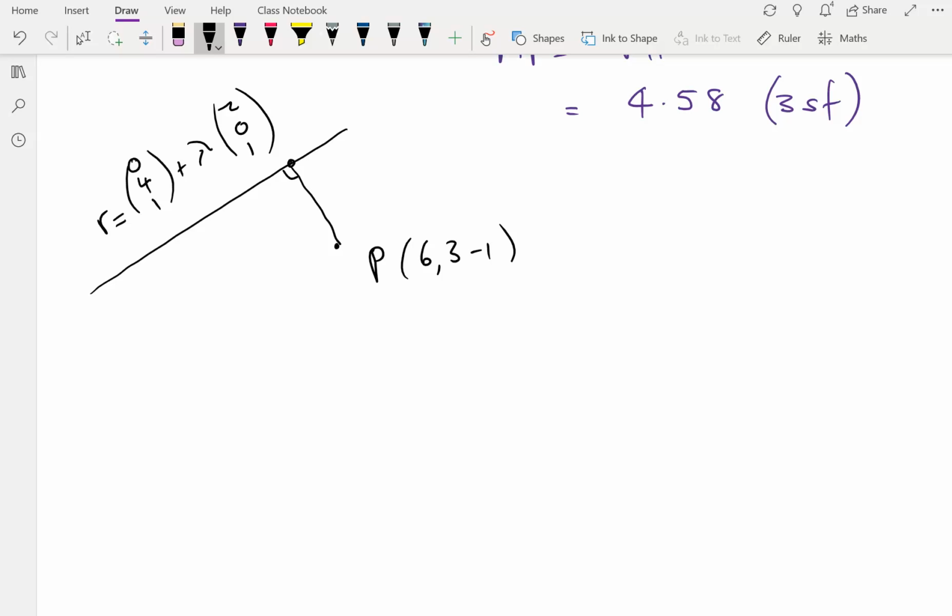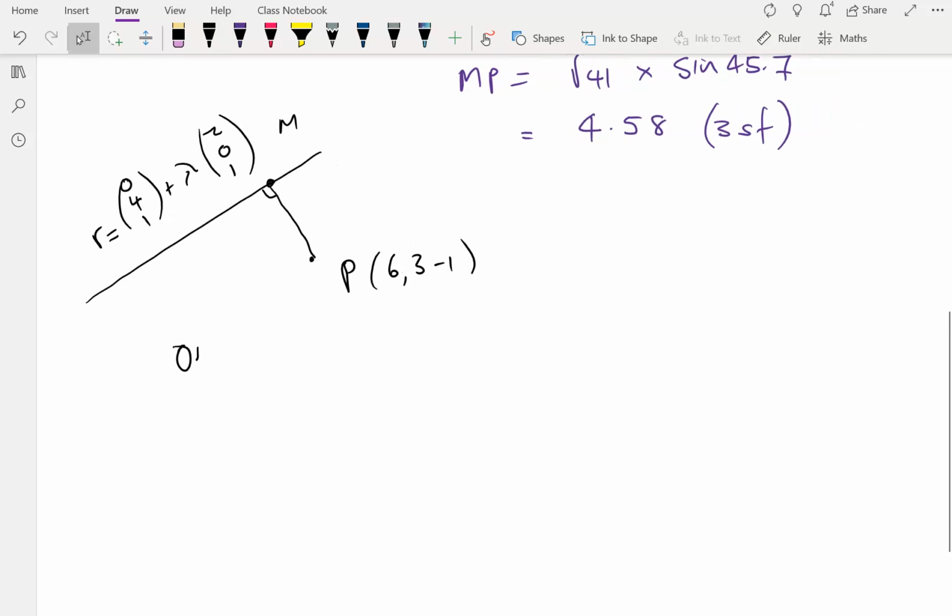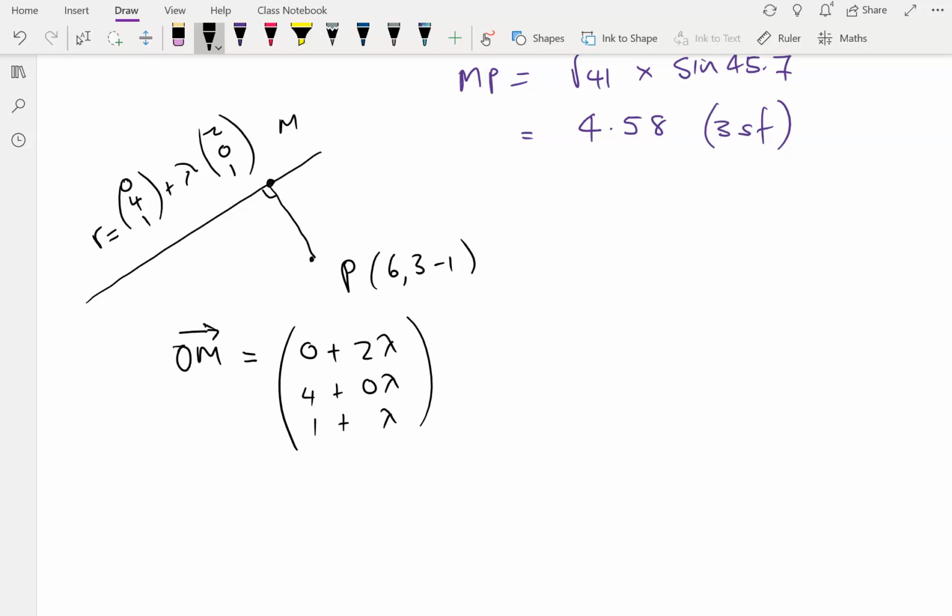Now, the coordinates of that point over there, I can write in terms of this line. So I can get the position vector of OM, and the position vector of OM is simply going to be (0 plus 2 lambda, 4 plus 0 lambda, 1 plus lambda).